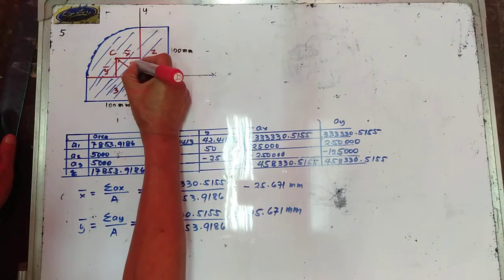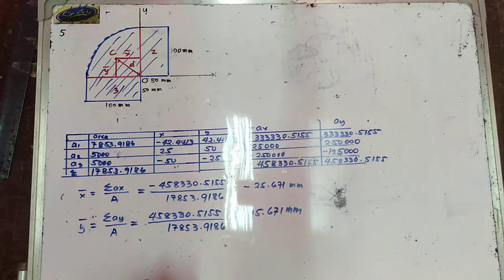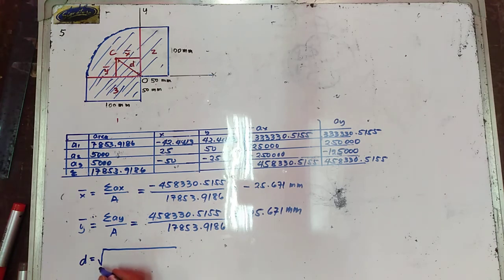So this is now your D. So let us try to determine the value of D. So your D is now equal to the square root of bar X squared, 25.671 squared, plus bar Y squared, 25.671 squared.